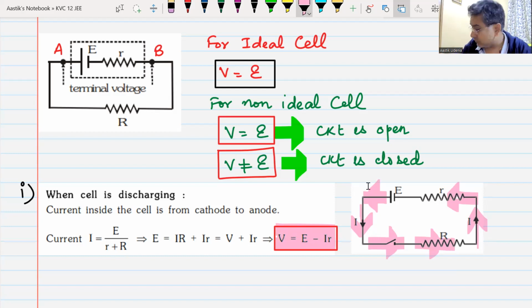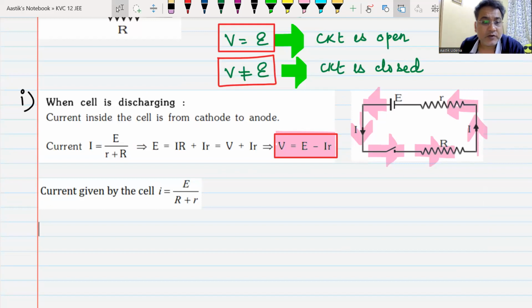Now we have done this case in the maximum power transfer theorem, but again I will repeat so that this thing gets into our head and we are confident. In this case, the current given by the cell will be equal to E upon R plus r.